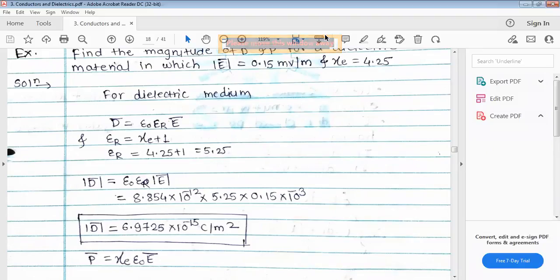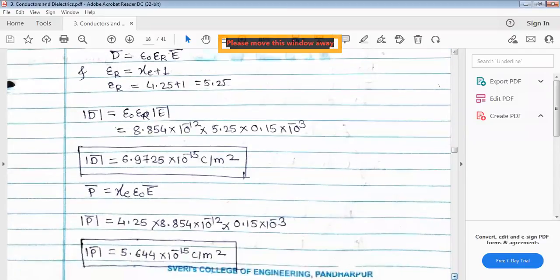What is your answer? 5.6 into 10 raised to minus 15. Correct.